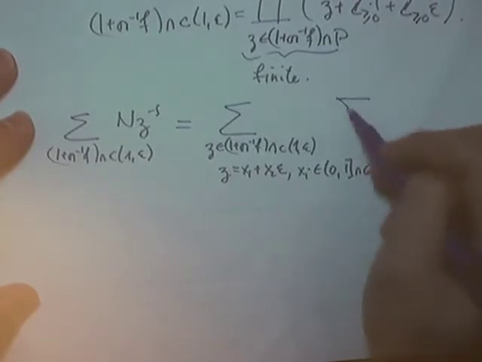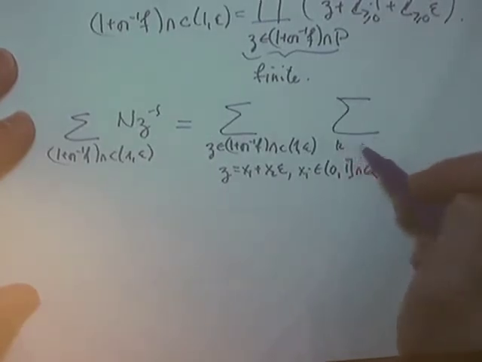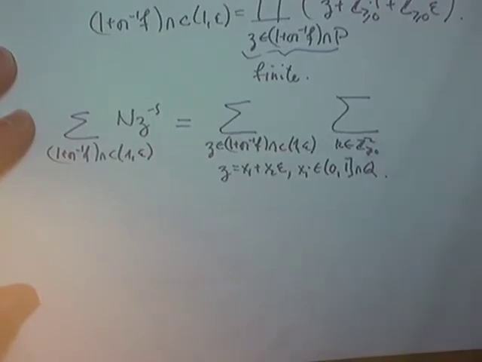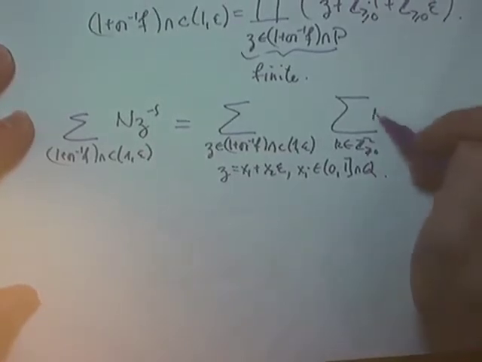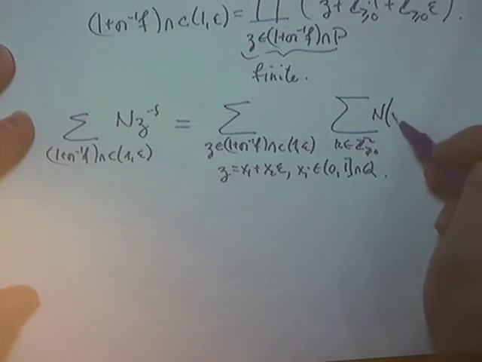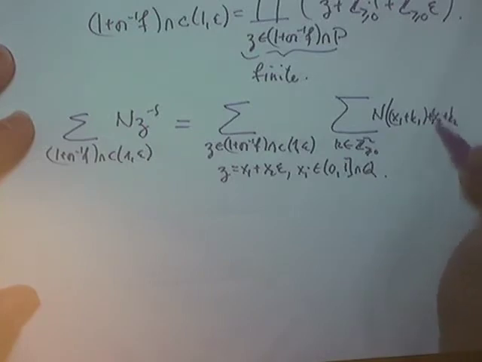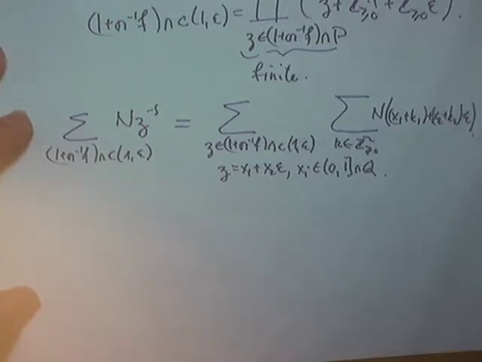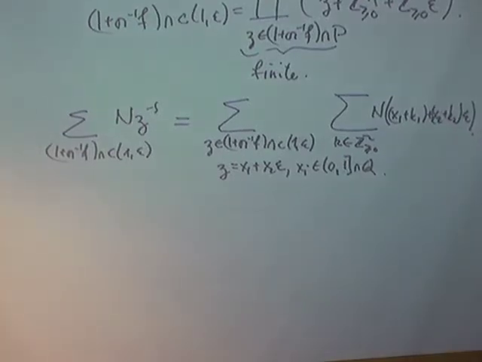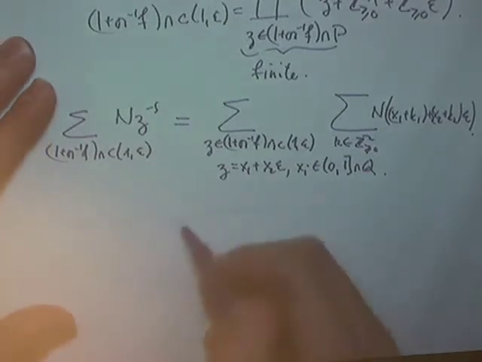And then I can take the sum over double indices k of non-negative integers of now the norm of x1 plus k1 plus x2 plus k2 times epsilon. Right, and this is beginning to look a little bit more like these Shintani zeta functions, and in fact it is.